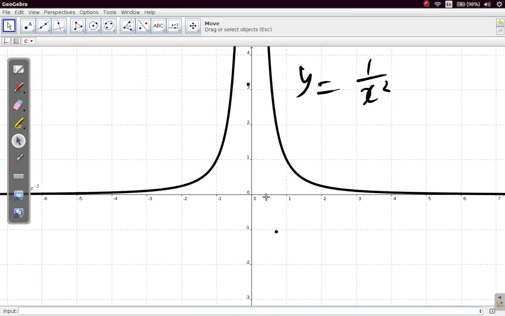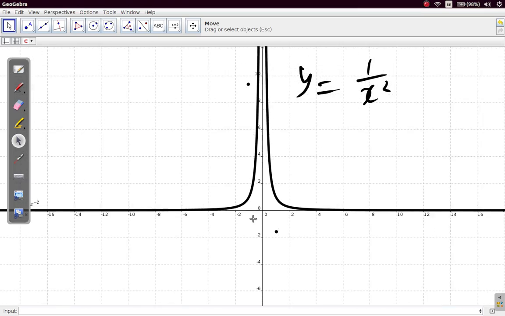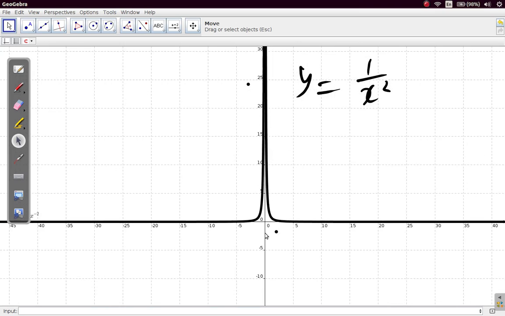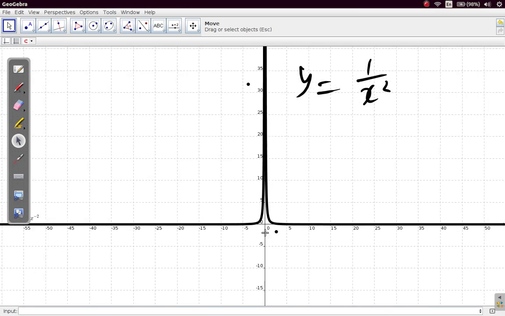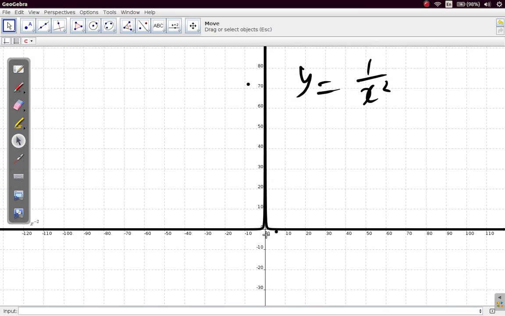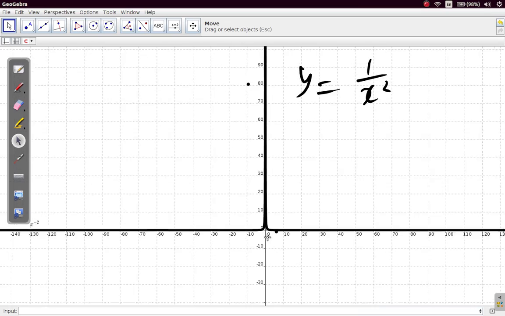Let's zoom out. The graph is getting closer and closer to the x-axis, but not touching it. It's also getting closer and closer to the y-axis, but not touching it. It doesn't cross these axes at all. Let's zoom back in.